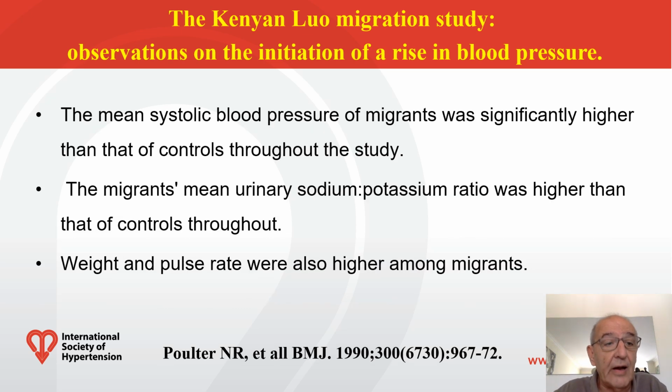And what did they find? They found the mean systolic blood pressure of migrants was significantly higher than that of controls throughout the study. So it increased when they moved to the city. The migrants' mean urinary sodium and potassium ratio was higher than that of controls who stayed in the rural areas. And finally, weight and pulse rate were also higher among migrants.